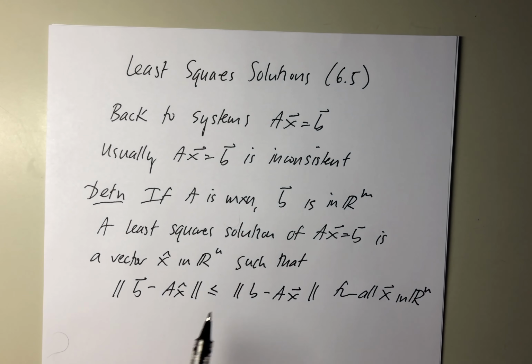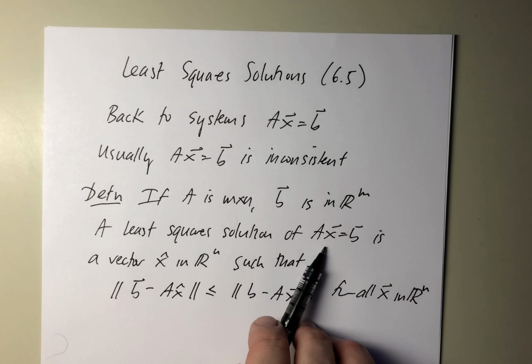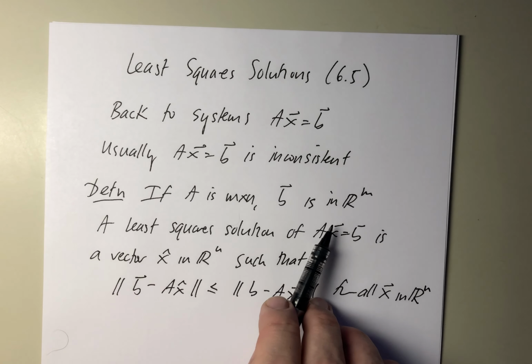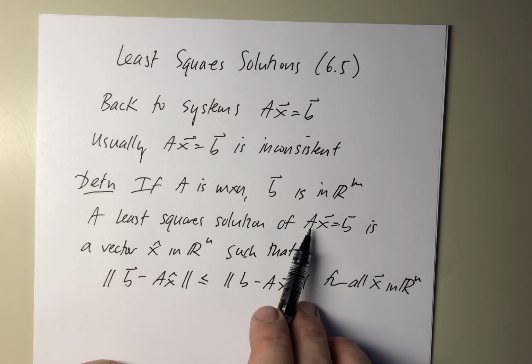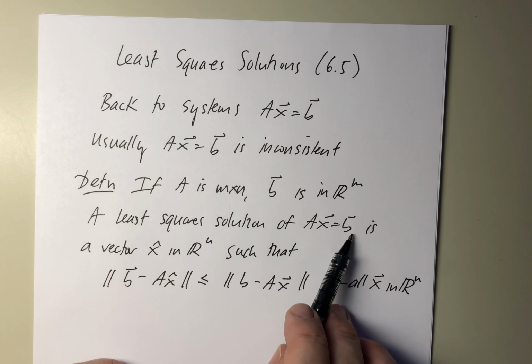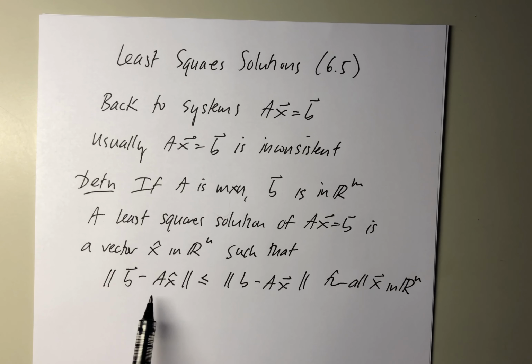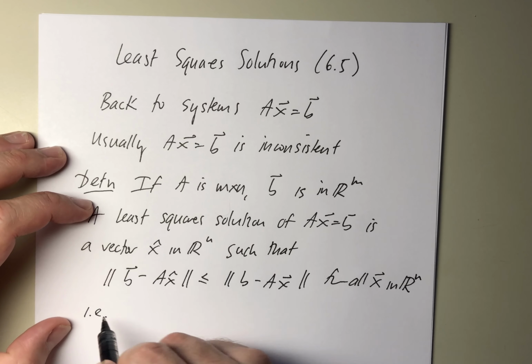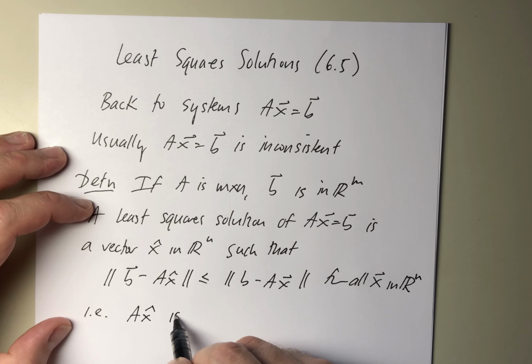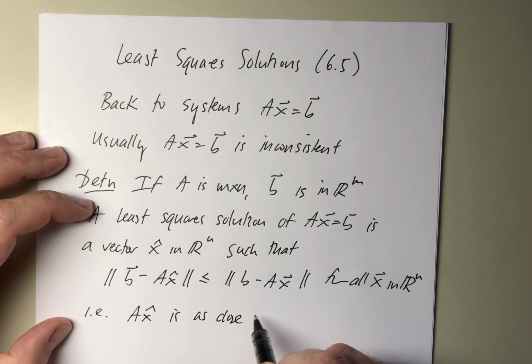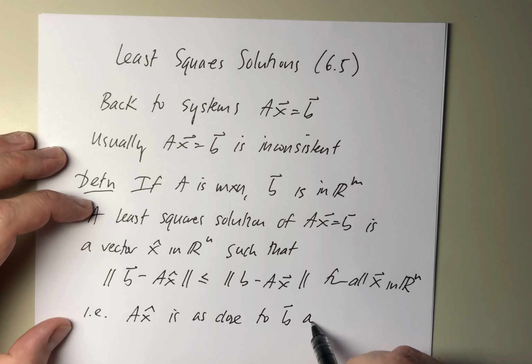What I'm saying is that I don't have an x where Ax actually equals b. So what I want is something that gets as close to b as possible. So A x hat is as close to b as possible.